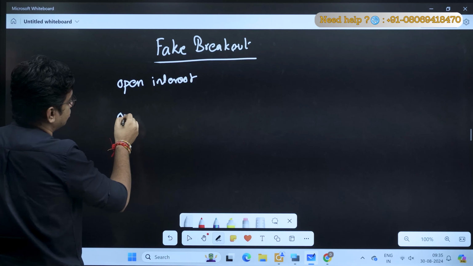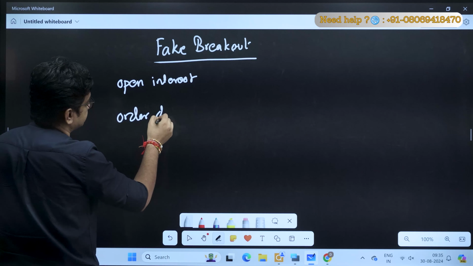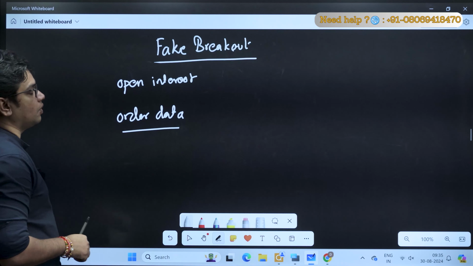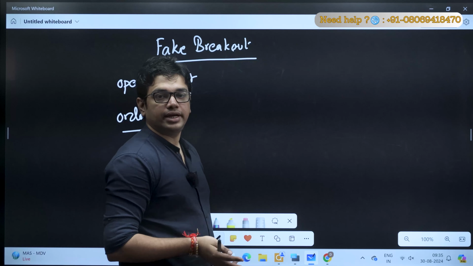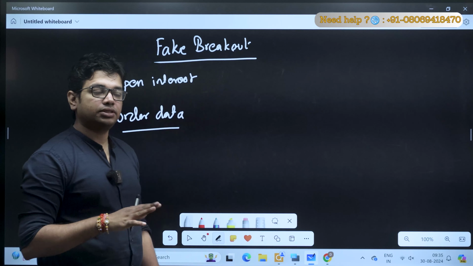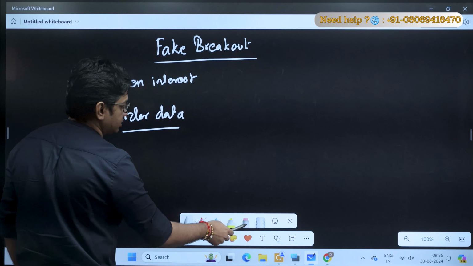Then I will go with the order book data. Both can be utilized for intraday also, for swing trading also. Now let me show you how open interest works and how order book data works.